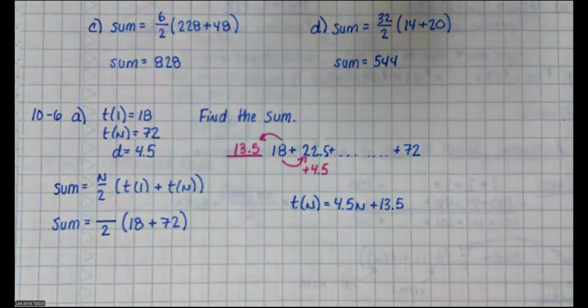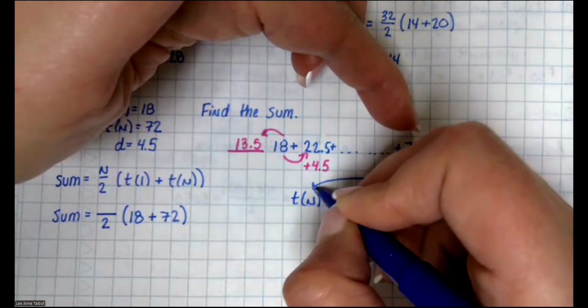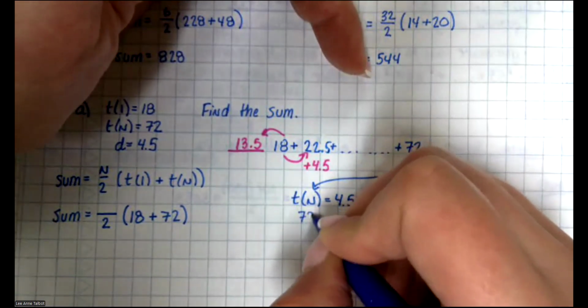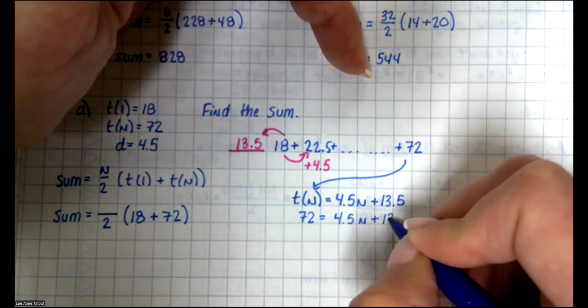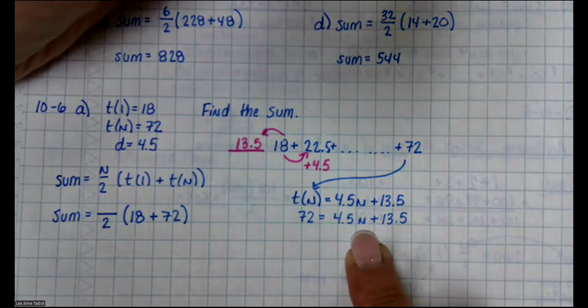plus 13.5. Okay, what I can do is I say, all right, I want to know what spot 72 is in. So I plug 72 into T of n. And then I can find n, which is what spot it's in. It's a calculator for everything.